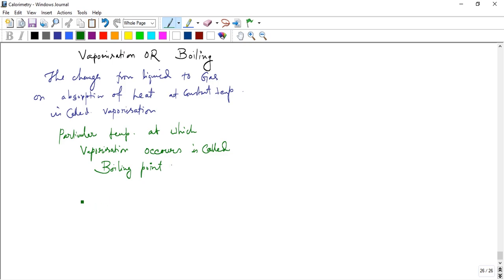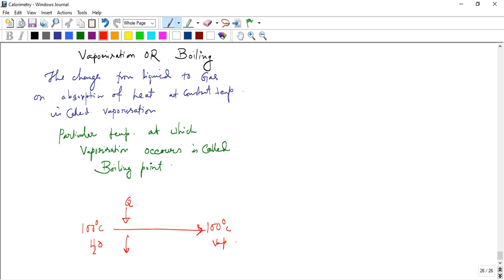If I draw a diagram here, from 0 degree to 100 degree there is liquid. Now water at 100 degree centigrade is heated and heat is absorbed. Then that 100 degree centigrade water turns into 100 degree centigrade vapor or steam.